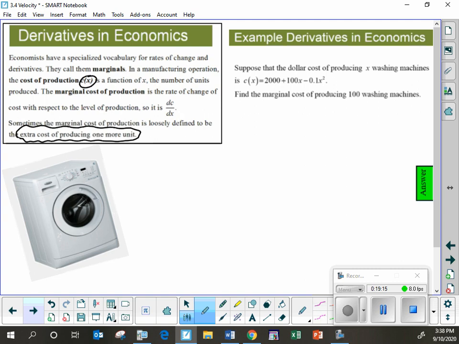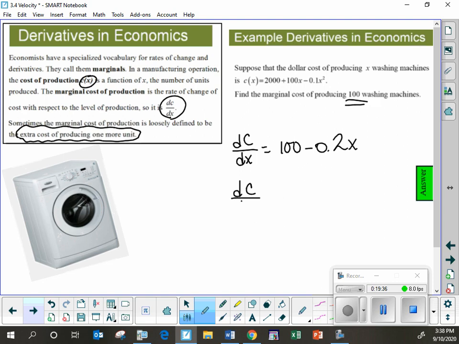So the marginal cost is the derivative. So we're going to have dC/dx equal to 100 minus 0.2x. And then it wants us to find it at 100 units.